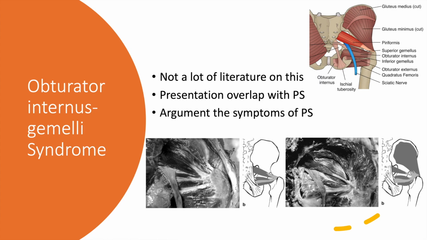In terms of how we augment the symptoms, there is a slide that I showed you before, that the obturator internus and piriformis can have a common insertion. In that case, it can actually augment the grouping of the sciatic nerve.